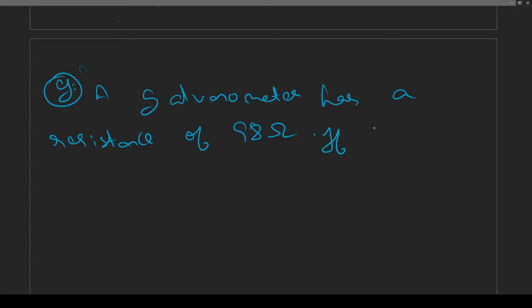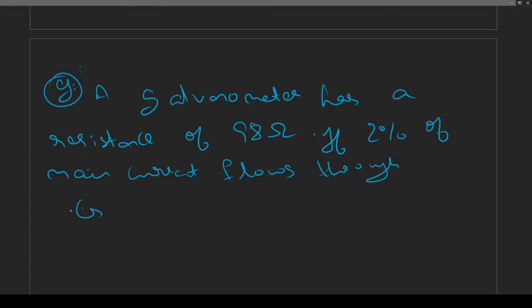If 2% of main current flows through the galvanometer, then what is the main current?